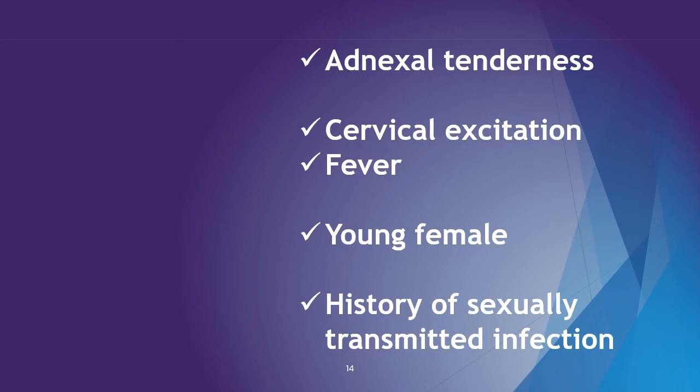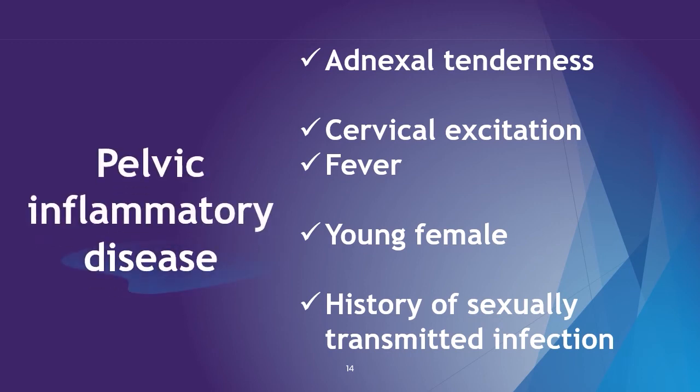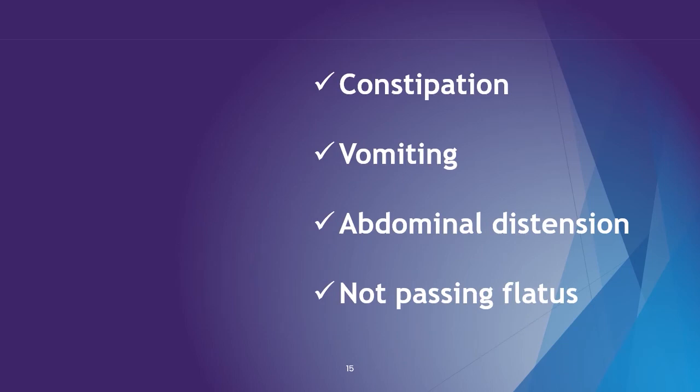What is this condition? Adnexal tenderness, cervical excitation, fever, often a young female with history of sexually transmitted infection. So if the fever is going on, as I mentioned previously, there is an inflammatory process. So this can be a case of pelvic inflammatory disease. This is a clear diagnosis.